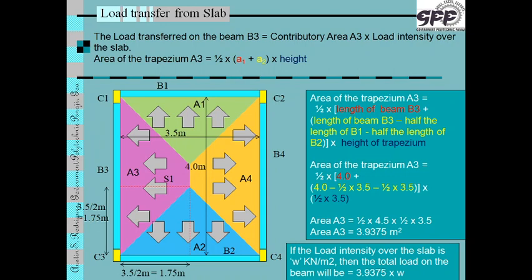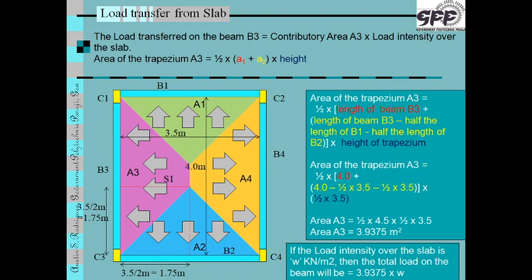So the area of the trapezium A3 comes down to half into, 4 plus, in brackets, 4 minus half of 3.5 minus half of 3.5, multiplied by the height. The height is equal to half of the length of B1.